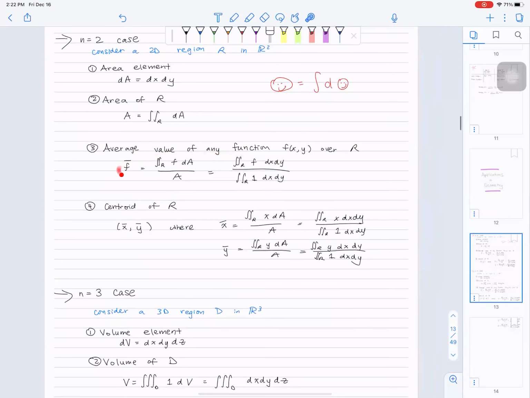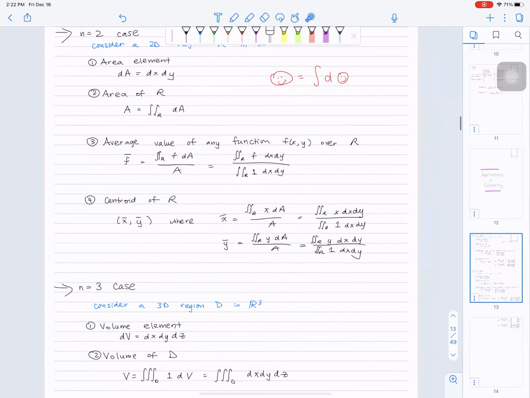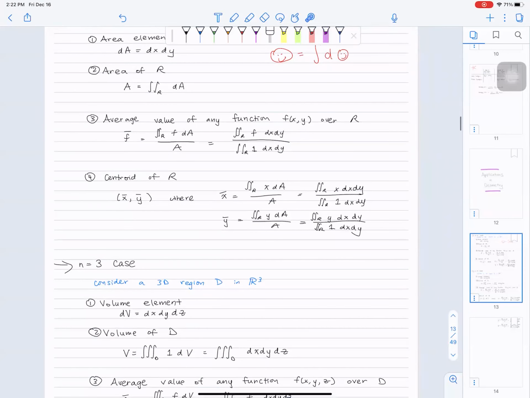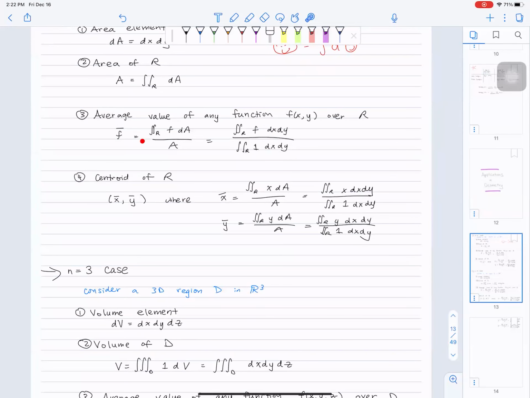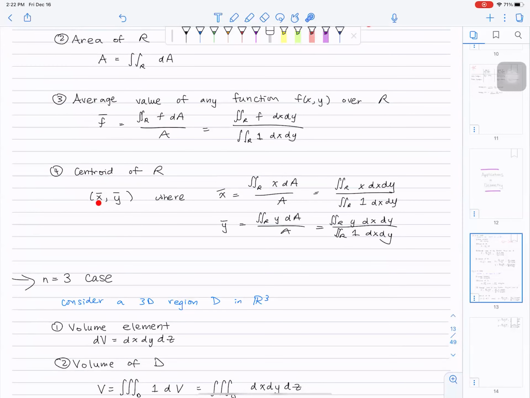And then we have the average value function, which we saw before. And now the new thing is the centroid. The centroid is a bit different from the average value in that it has two components, the x component of the centroid and the y component of the centroid. How you find those is you're still dividing by your area, except on the top, you put an x in the integrand.